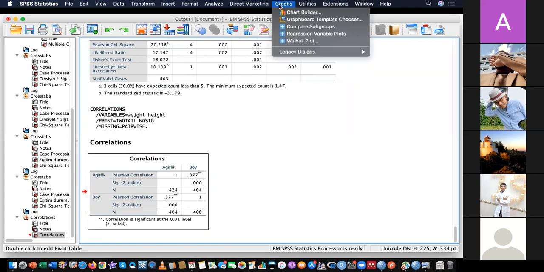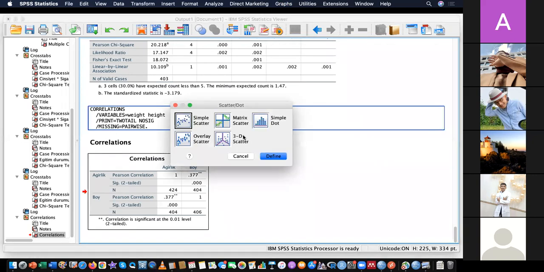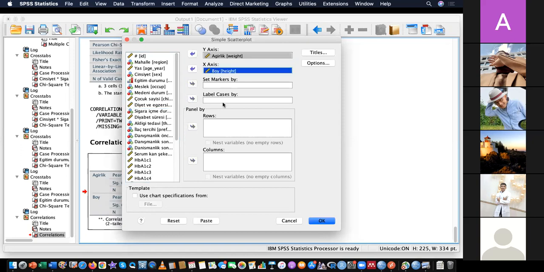Let us do the scatter graph, scatter dot, and see. Where is my weight? Here, and height, x-axis and y-axis. Click OK.